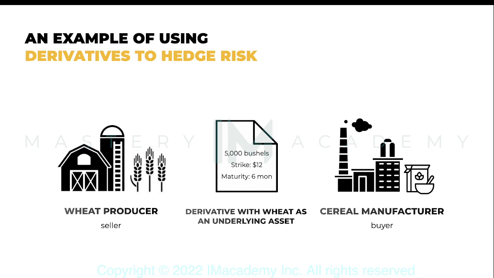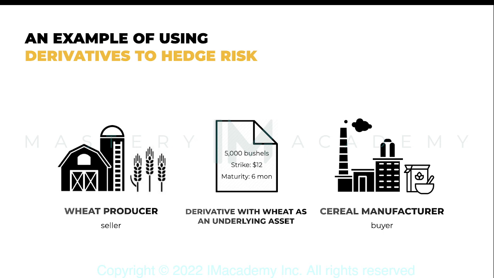So the producer is seeking to protect himself or herself against an unexpected decrease in the price of wheat, and on the other hand, the manufacturer is seeking to protect himself or herself from an expected increase in prices.